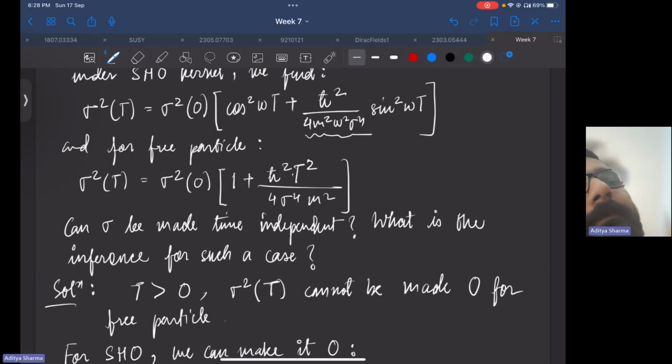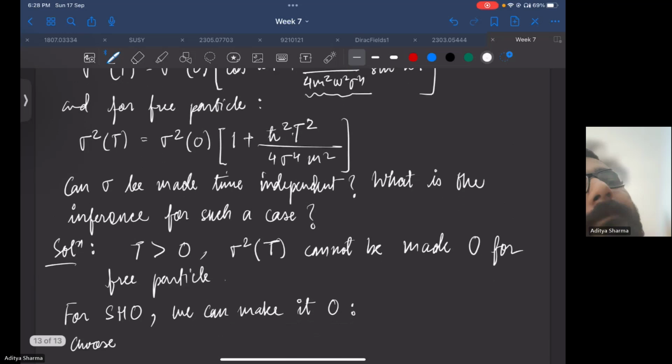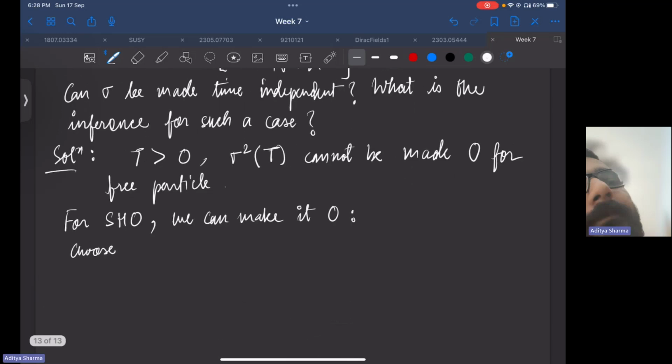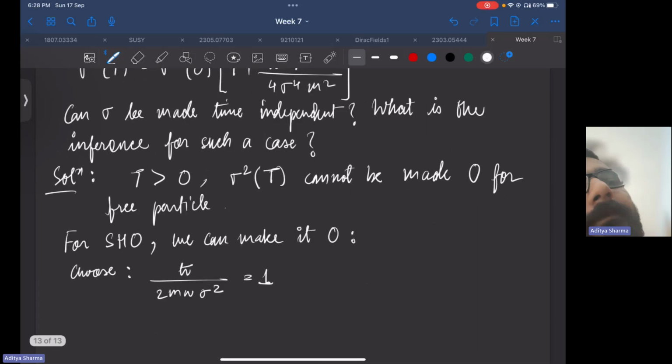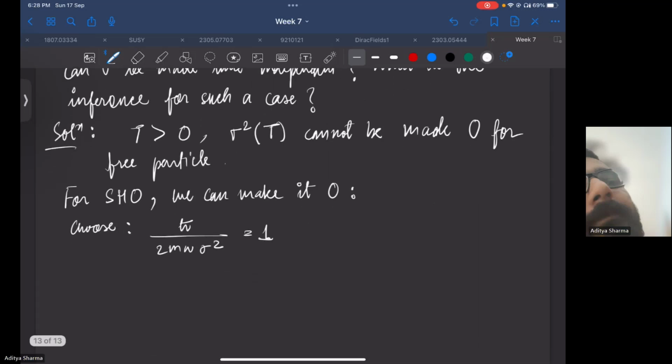When you choose that as 1, it's cos square plus sine square, and that's just 1, and sigma square t is just constant. Choose h bar by 2 m omega sigma square is equal to 1. And that quantity is just this part squared.